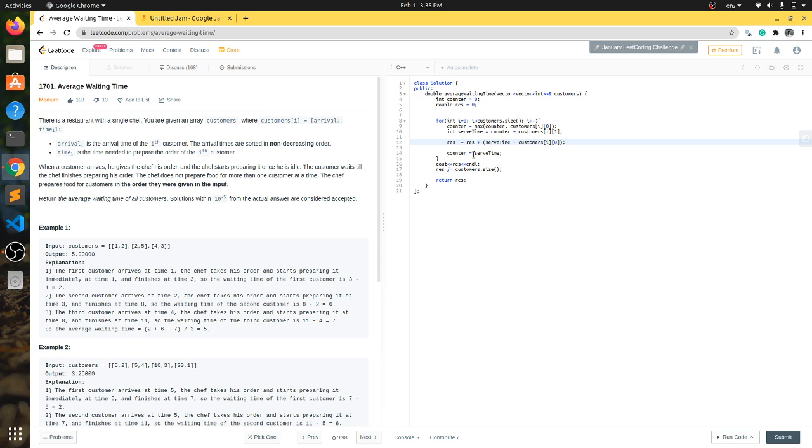So we are adding it into res, and after calculating res we divide by the total number of customers that come into the restaurant, so that we can get an average waiting time, and finally we print the result.